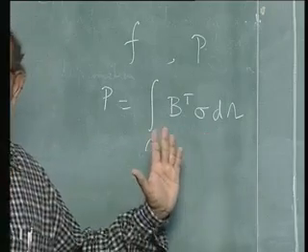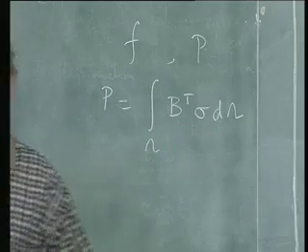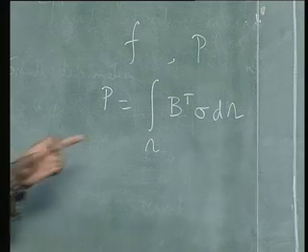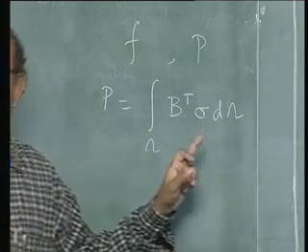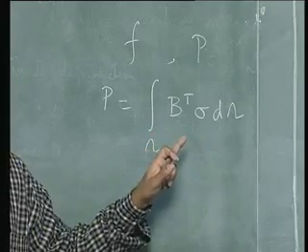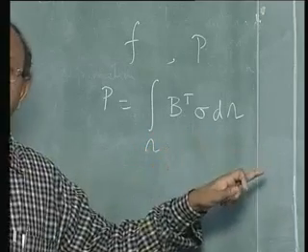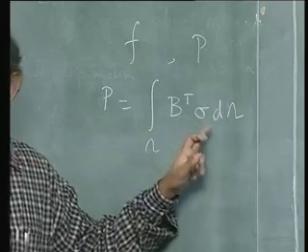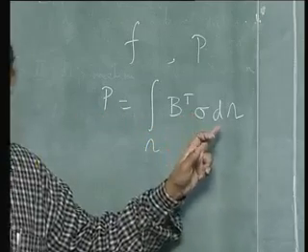In fact, if you remember, it is this sigma which, when replaced by means of the stress-strain relationship and then the strain-displacement relationship, gave rise to our K, because sigma can be written in terms of D epsilon, and epsilon can be written in terms of B u.